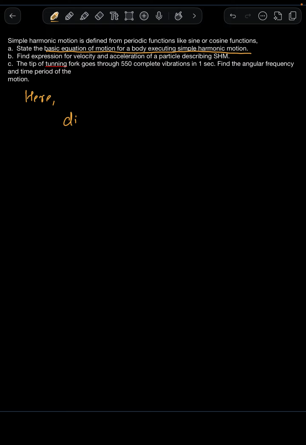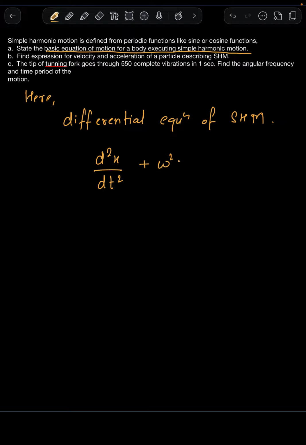So differential equation of simple harmonic motion is d square x by dt square plus omega square x is equal to 0.